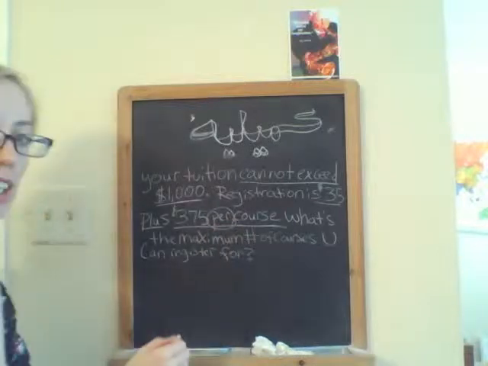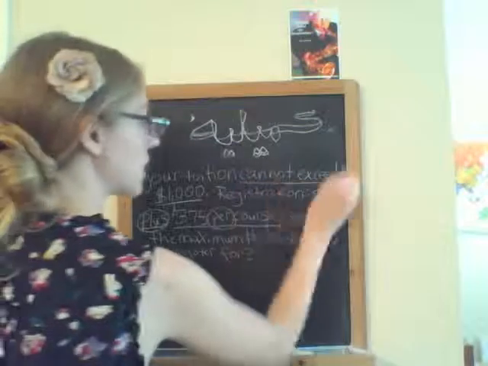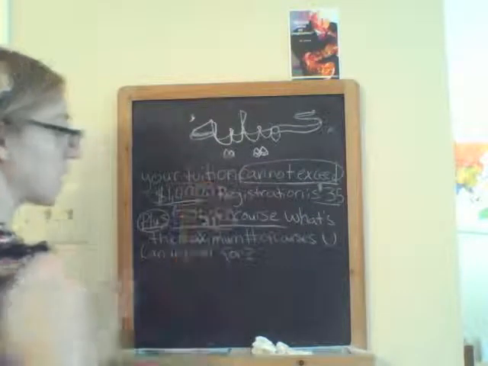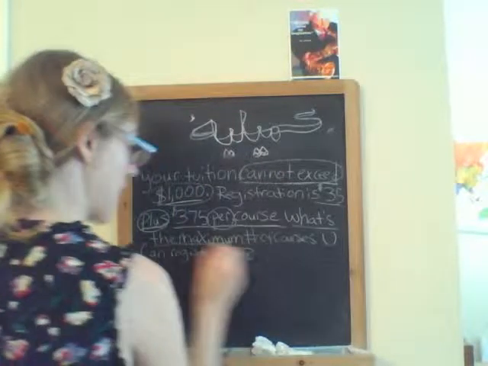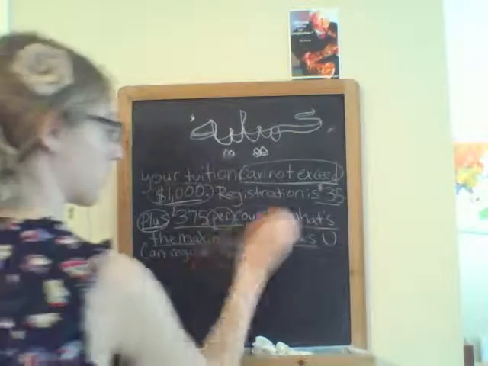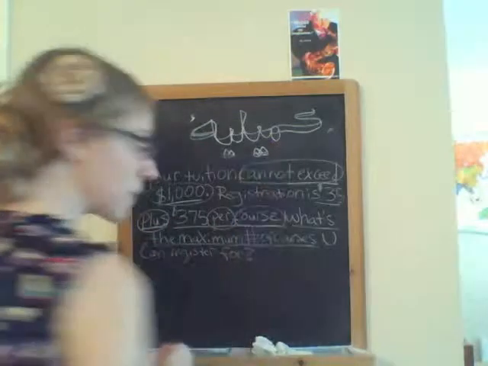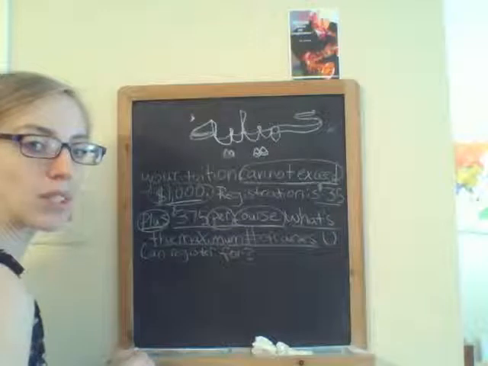We've got multiplication going on. We've got addition going on. We have the cannot exceed notation going on. We have the amount that it can't exceed going on. And then the what question here is the maximum number of courses I can register for. That's going to be my variable here. So remember, I'm going to start building my equation here for the inequality, and then we're going to solve for it.